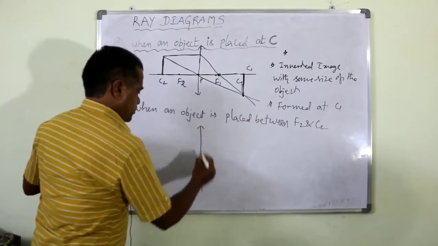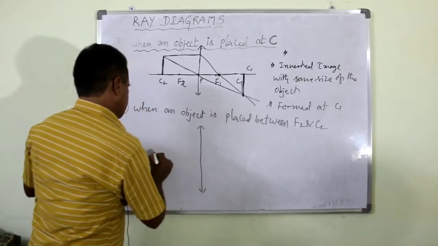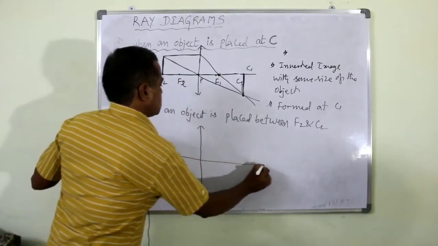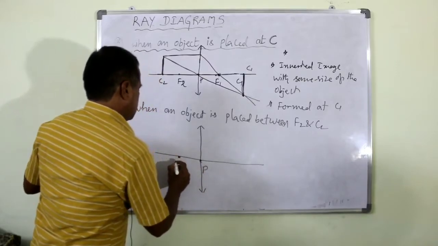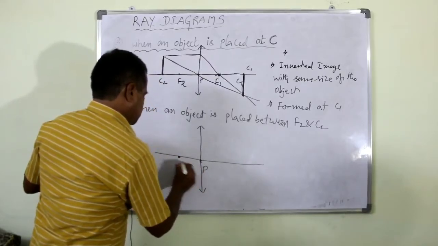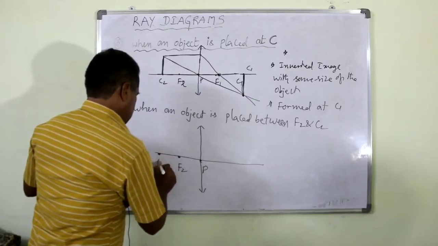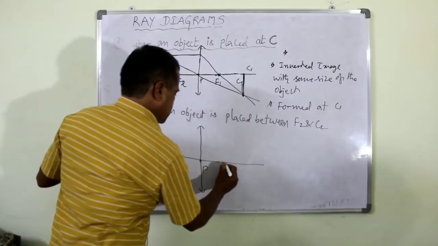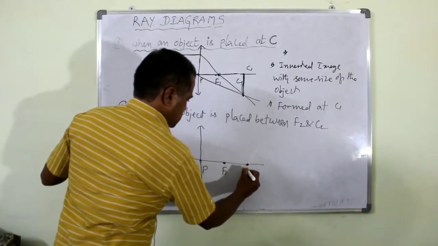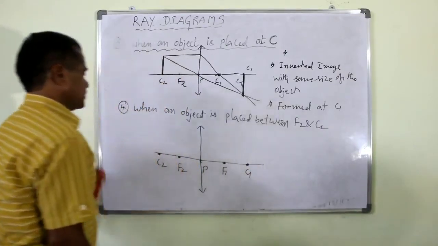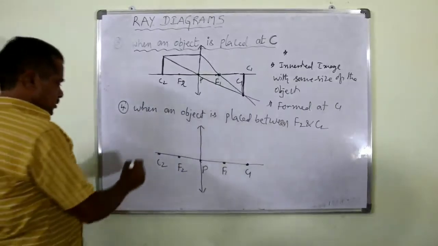Draw one biconvex lens, optic center, focus point, center of the curvature, focus point of the first curved surface, center of the curvature of the second curved surface.